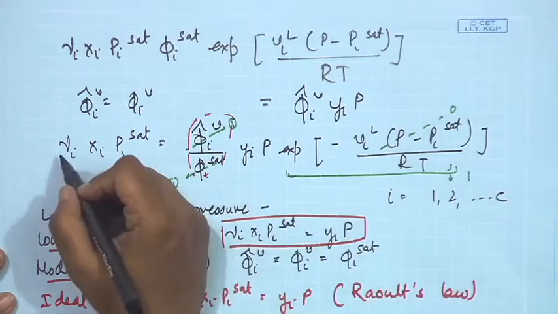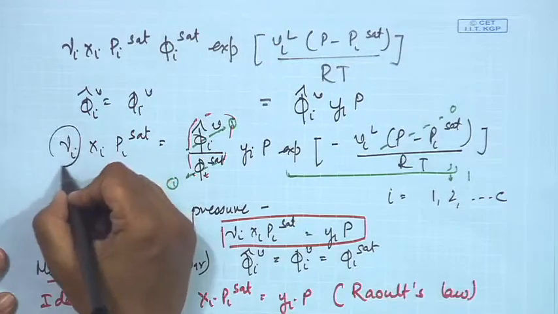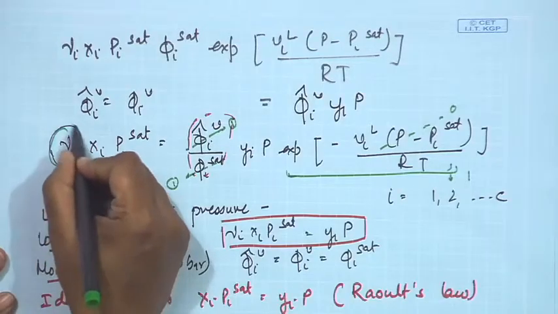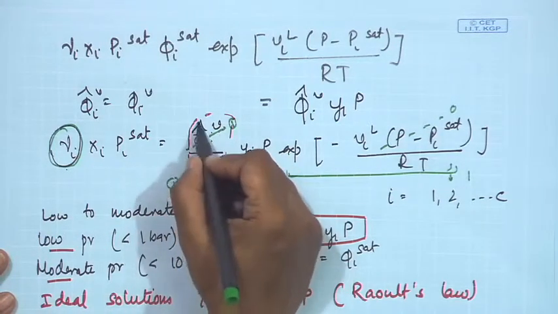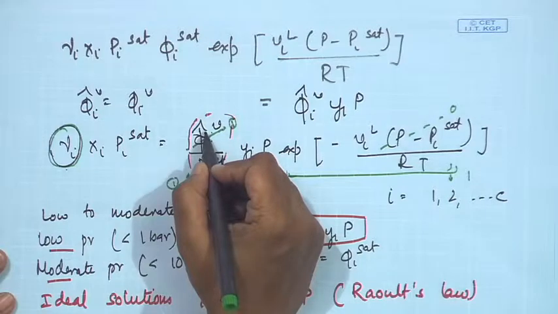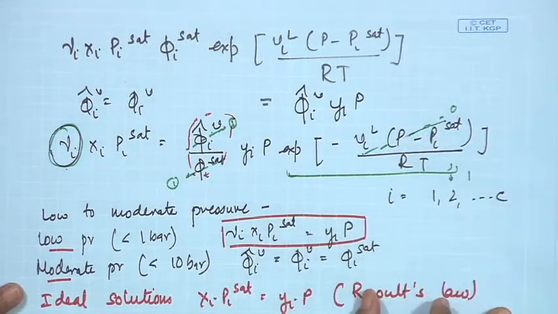Therefore, usually for hydrocarbons this term becomes equal to 1, more or less this becomes equal to the pure component vapor phase, and this term also disappears.